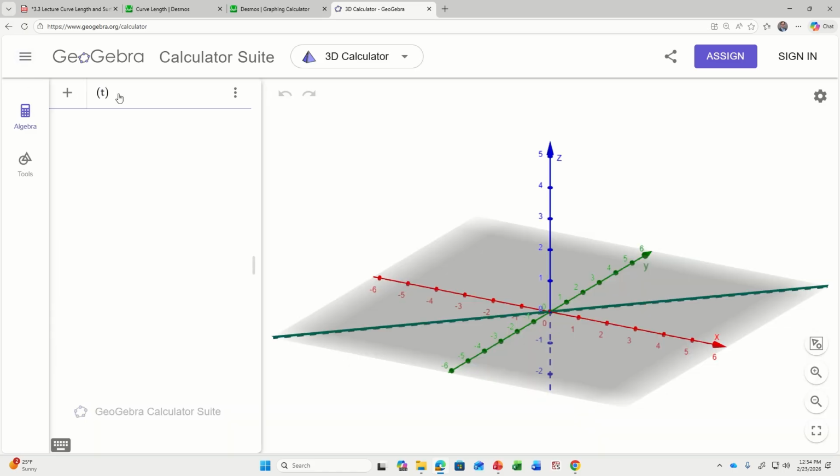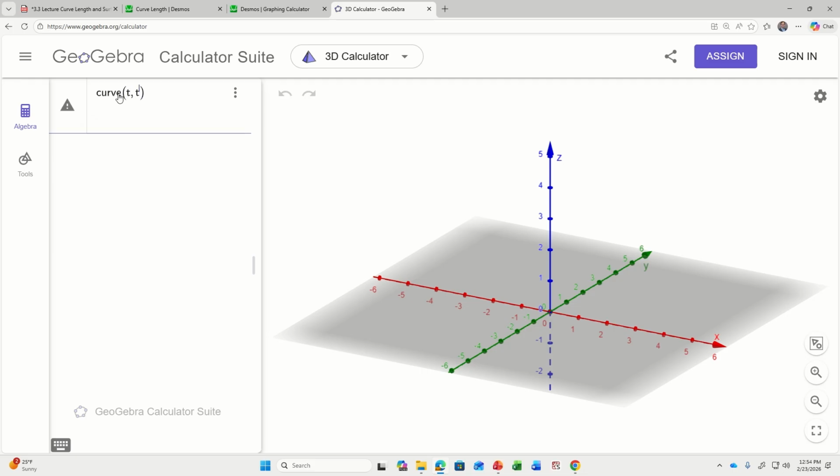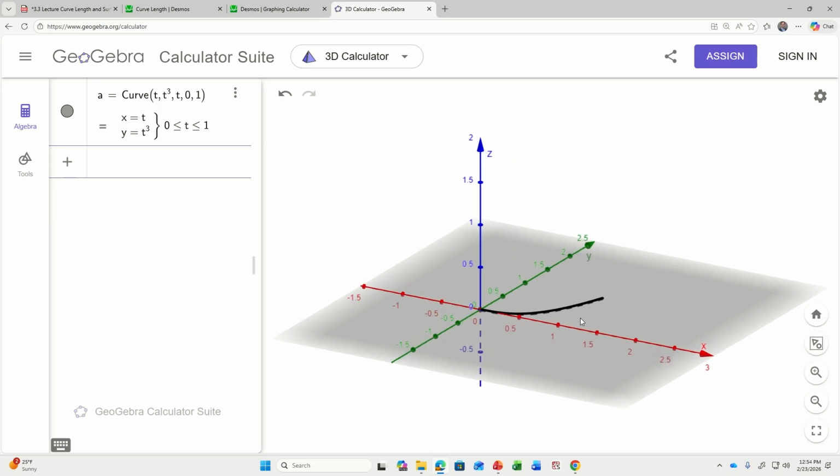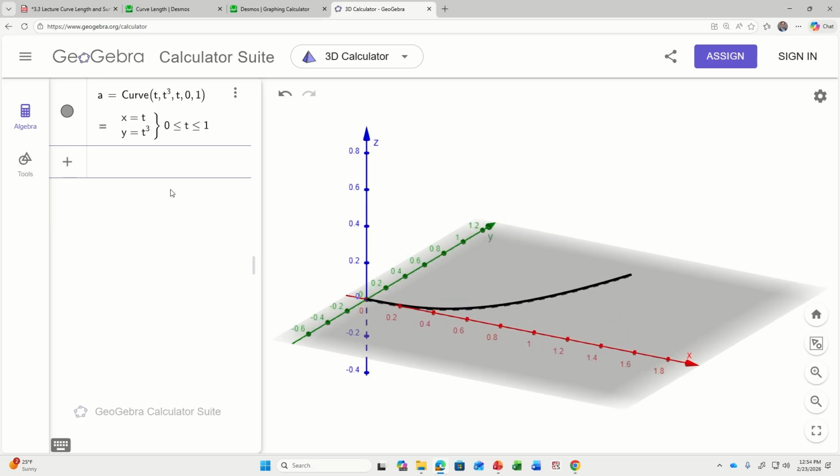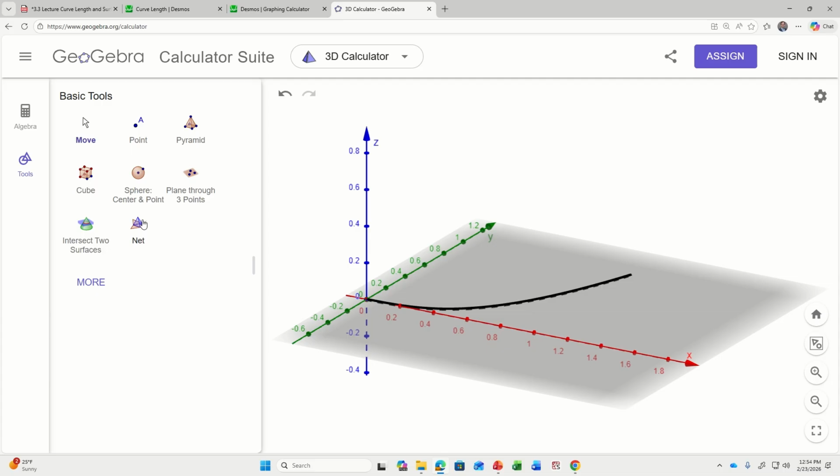Because if I don't use GeoGebra, I'm going to forget how to use it. I already forgot. I have to type in curve, t comma t cube comma t comma 0 comma 1. That's how you plot y equals x cubed, by the way. It's not ultra user friendly.